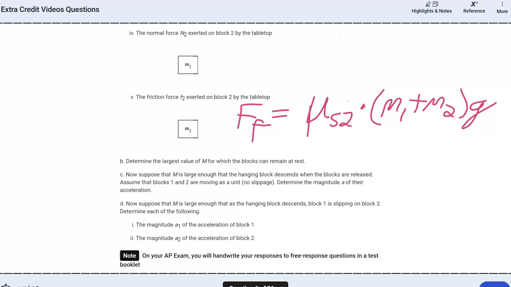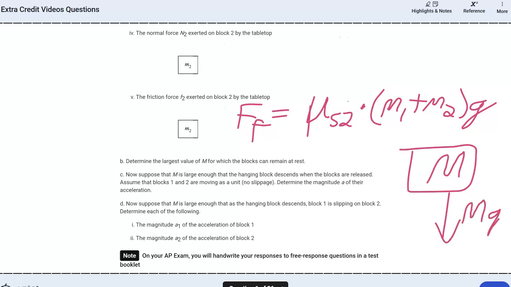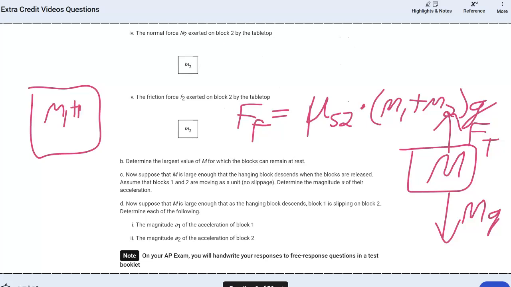Okay, with block M, we have weight force, and then we have tension force. And one rope, one tension. And then if we treat both blocks as one, M1 plus M2, we have our force of tension and our frictional force. So this is asking, what is the largest value of M?